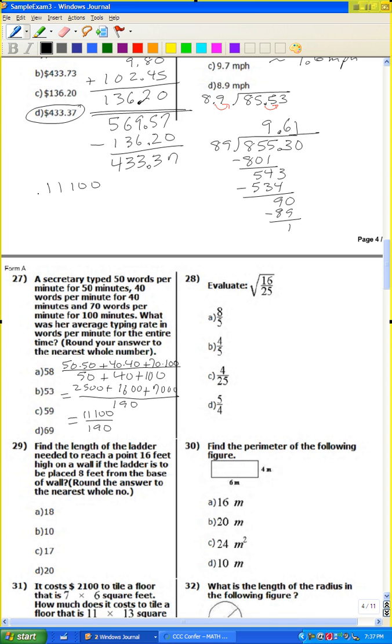Let me get rid of at least one of the zeros so it doesn't look as long. Divide that by 19. 1 is smaller than 19. 11 is smaller than 19. 111.